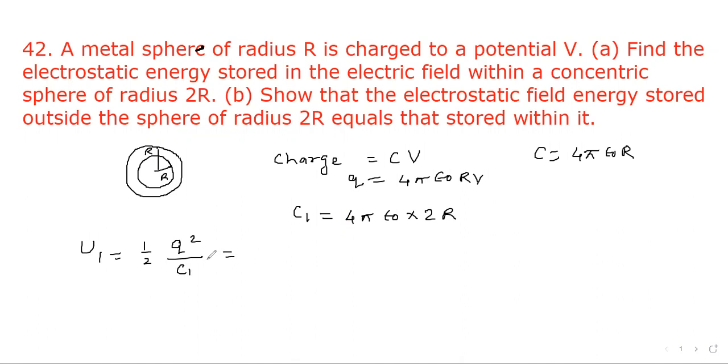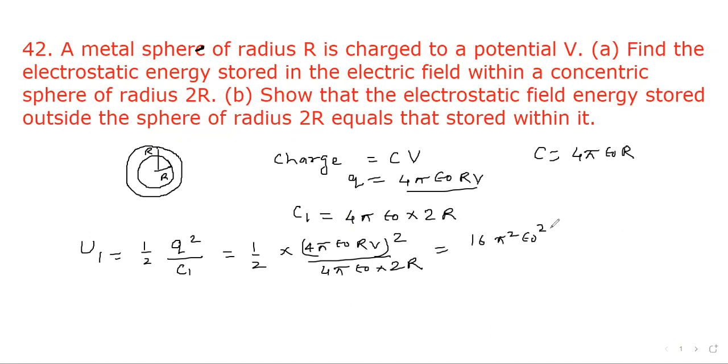So charge contained in it will be this much. So it will become 4 pi epsilon naught r V squared divided by C1, that is 4 pi epsilon naught times 2r. 16 pi square epsilon naught square r square V square divided by, this will also become 16 pi epsilon naught r.